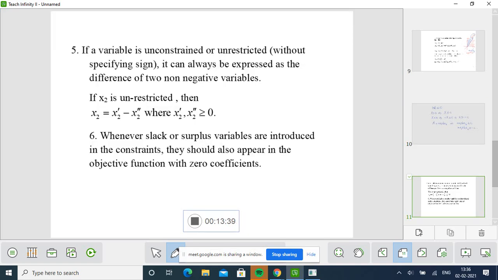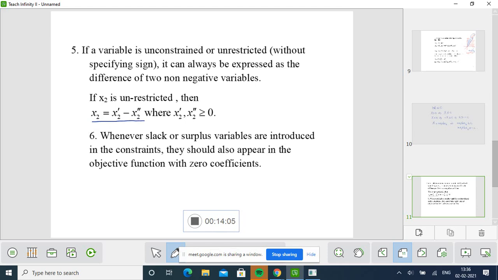Next, number 5. If a variable is unconstrained or unrestricted, it means we don't know whether it is going to be positive or negative. So it can always be expressed as a difference of two non-negative variables. So I can write x2 equal to x2 prime minus x2 double prime.